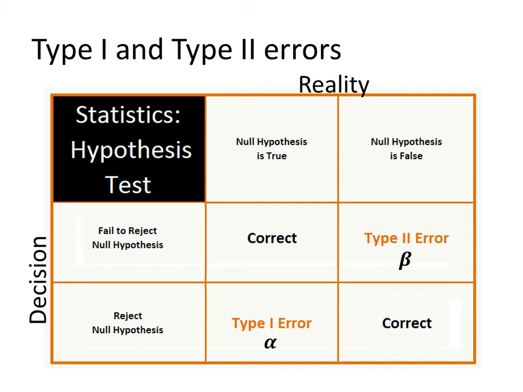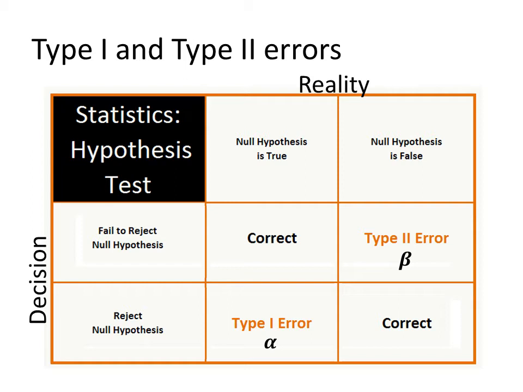Now, if the null hypothesis is true, and we fail to reject the null hypothesis, meaning that we don't have enough evidence to say that it's not true, then our hypothesis test is correct. On the other hand, if the null hypothesis is false and we reject the null hypothesis, that's also correct.